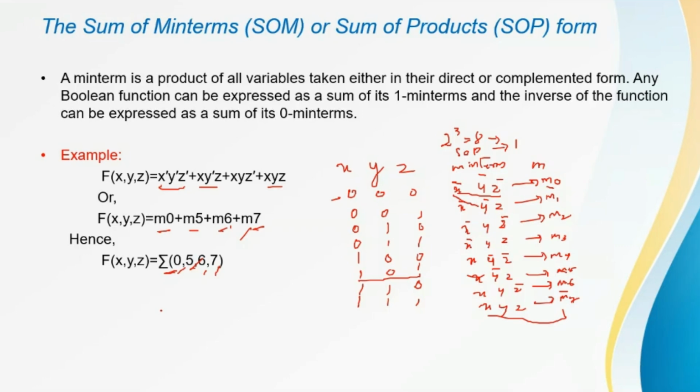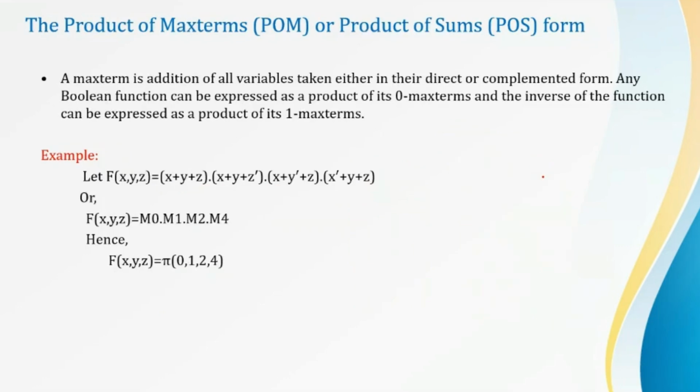Yes, ma'am. Okay. So here we can see for the POS. For a POS, we will always be checking, since POS is a product of sums. So product of sum is like an OR gate. Okay. So in an OR gate, I'll just take two variables, x and y, and z is the output.